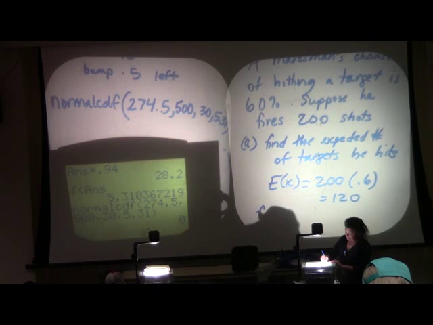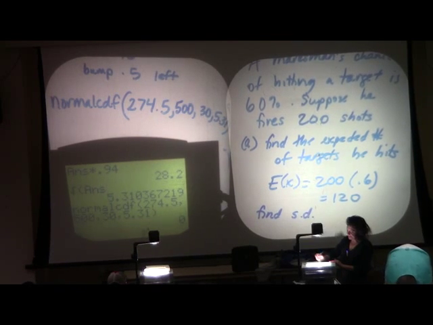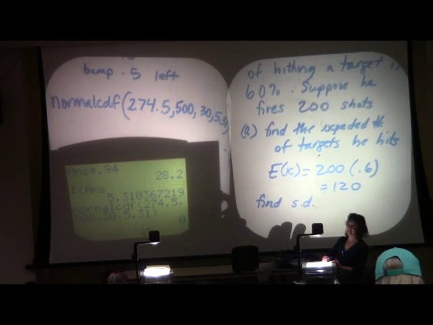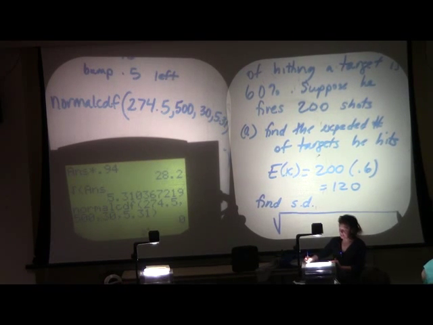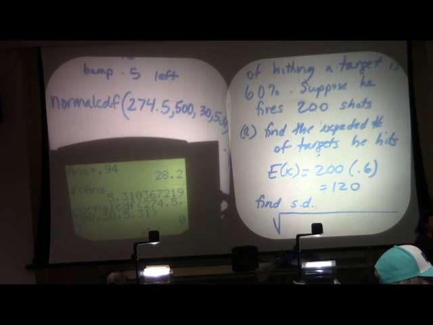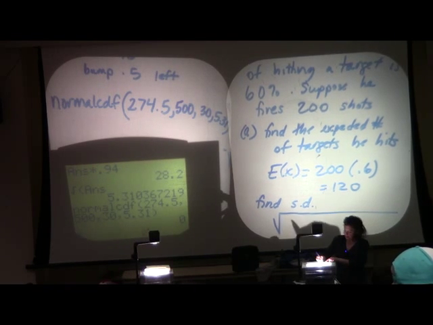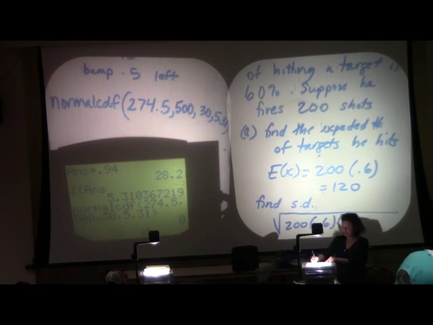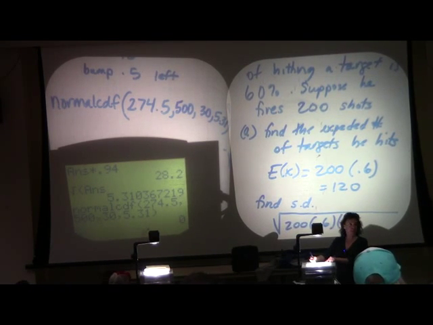All right. What if I want you to find the standard deviation? Can we do that? Totally. And you guys, just think about this from a basic test-taking strategy. If I tell you the only time you'll ever have to find a standard deviation on your exam is in a binomial situation, you can make that link. So, the standard deviation is the square root of n times p times 1 minus p. If p is 0.6, what is 1 minus p? 0.4.